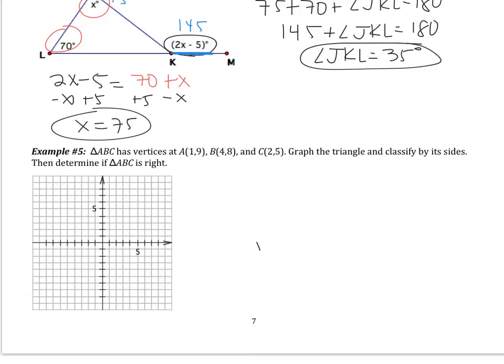Okay, so A is 1, 9. Which is here. B is 4, 8. And C is 2, 5.